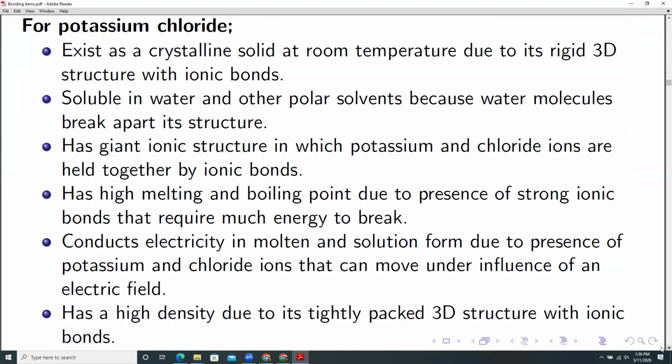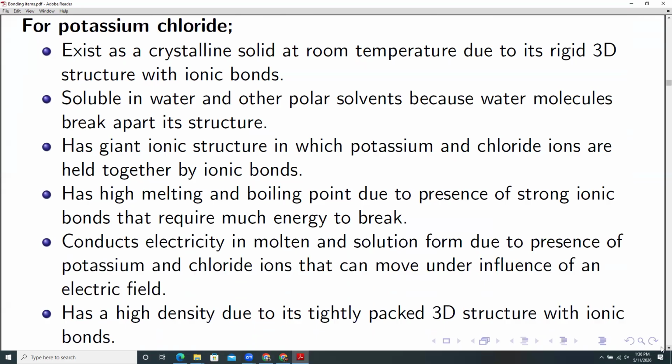Why? The density is high due to the tightly packed 3D structure. So those are the general properties of ionic compounds. One can relate these properties to any other ionic compound of interest.